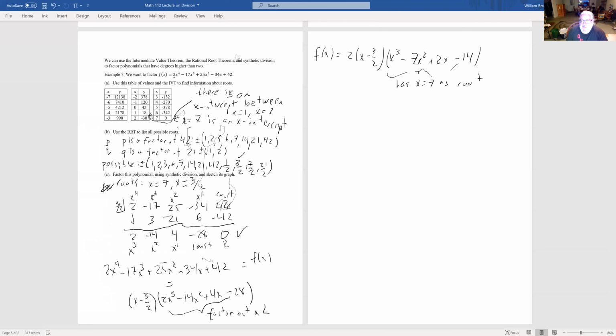So I can factor out the x equals 7 by dividing this with synthetic division. So we put in a 7, 1, minus 7, 2, minus 14. Make sure I get my numbers right.